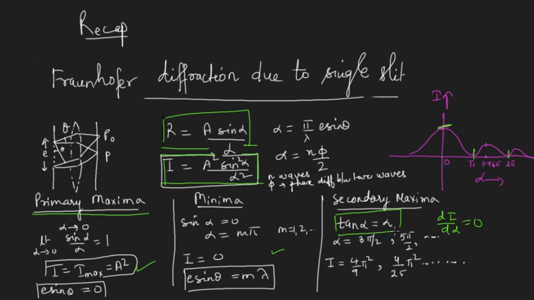By finding the intersection points of these two equations, we found the points as 3 pi by 2, 5 pi by 2, and so on for the secondary maxima. Also, we observed that the intensity of the secondary maxima continuously decreases as we increase the value of alpha. So this was all about the intensity pattern, or how intensity modifies when we take into account the width of the slit.